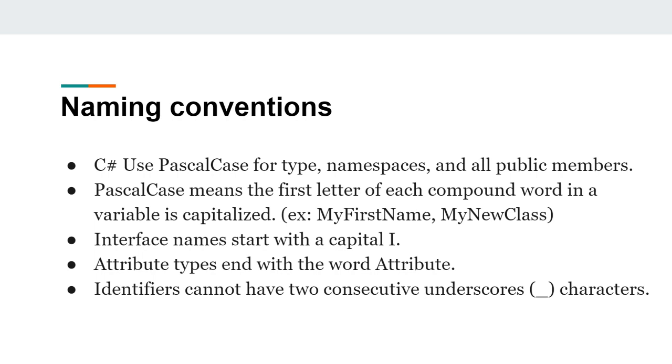For example, in MyFirstName, the M, F, and N should be capital letters, and in MyNewClass, the M, N, and C. These are the three components, and each should start with a capital letter. Interface names start with a capital letter I. Attribute types should end with the word Attribute. Identifiers cannot have two consecutive underscores.